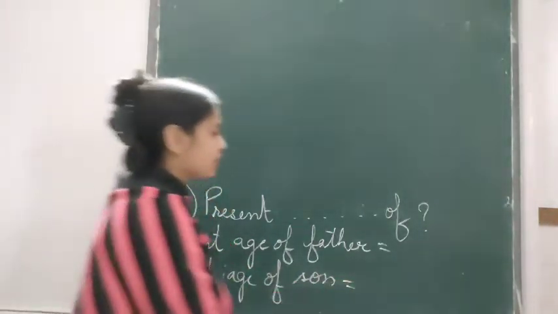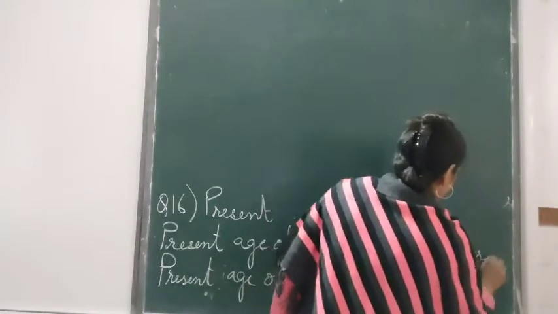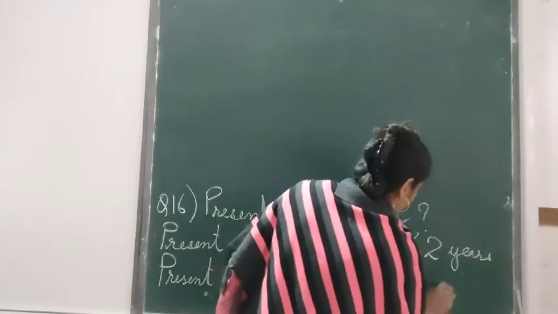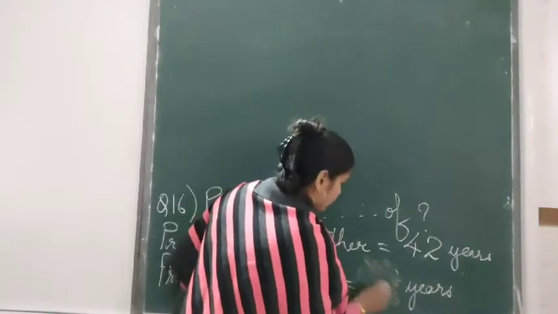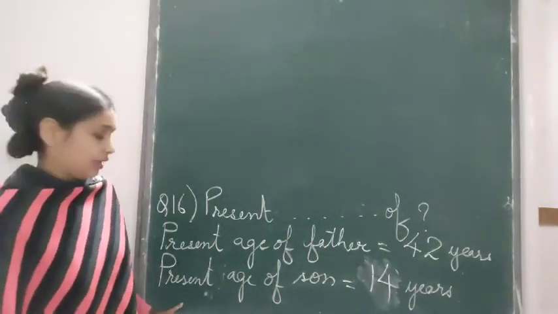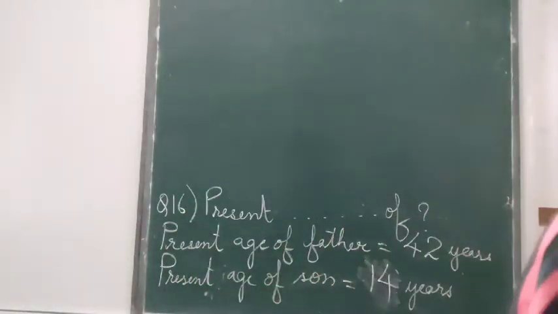Present age of father is 42 years. Present age of son is 14 years. Let's check once. Yes, it's right.